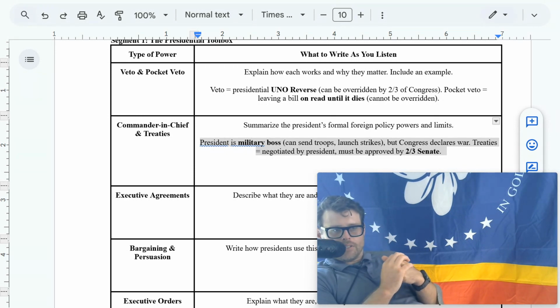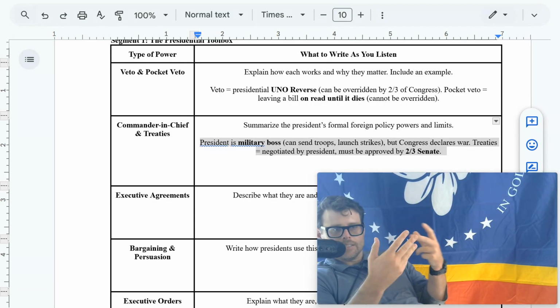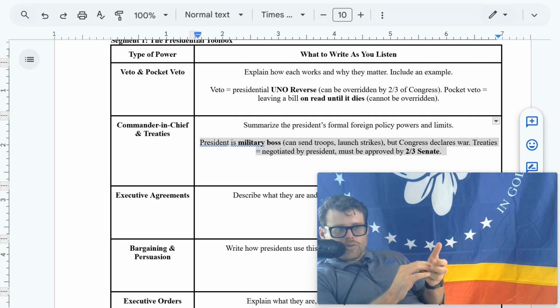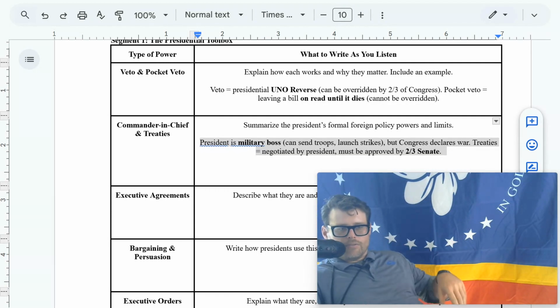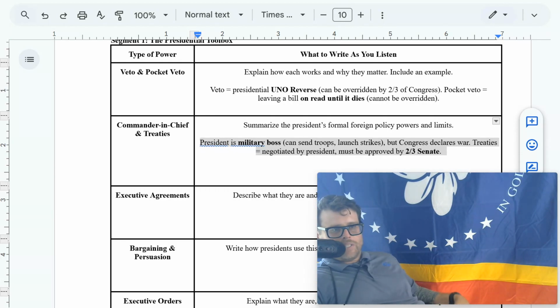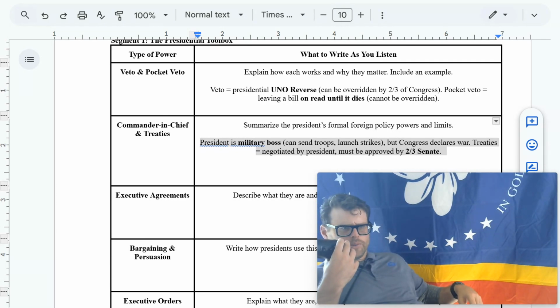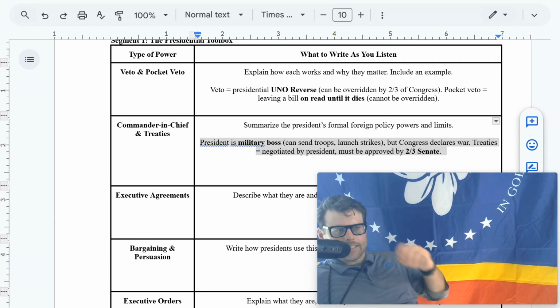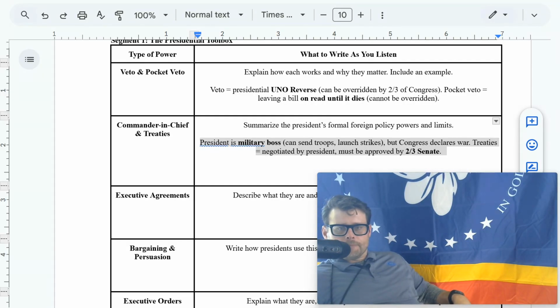So President Franklin Delano Roosevelt had agreements with Winston Churchill, the head of government of Great Britain. Now, the monarchy is that traditional figurehead, right? But the leader of Great Britain during that time would be Winston Churchill, the bulldog that saved Great Britain from the Nazis in Germany, right?